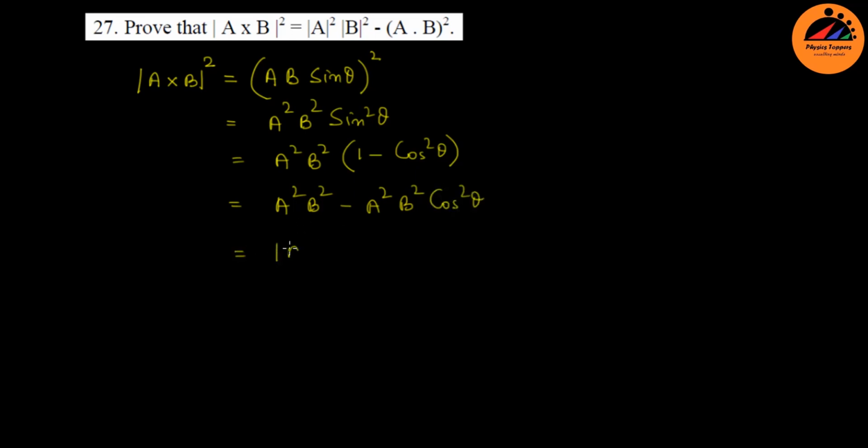So this is magnitude of A whole square magnitude of B square minus A dot B whole square. This is A dot B whole square.